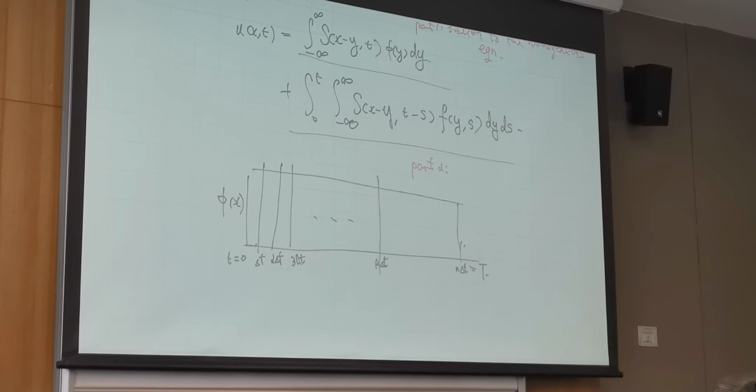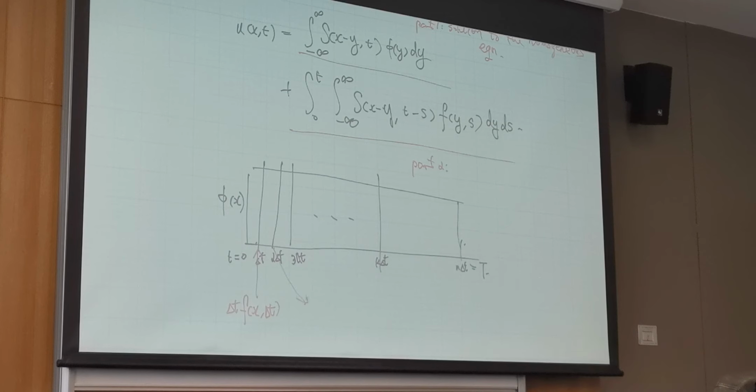Over here the amount of mass entering the system is going to be f(x, delta t) multiplied by delta t. And over here, it's going to be delta t multiplied by f(x, 2 delta t). And here, delta t multiplied by f(x, k delta t), and so on and so forth.